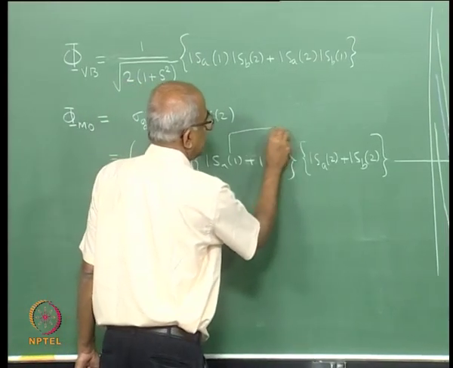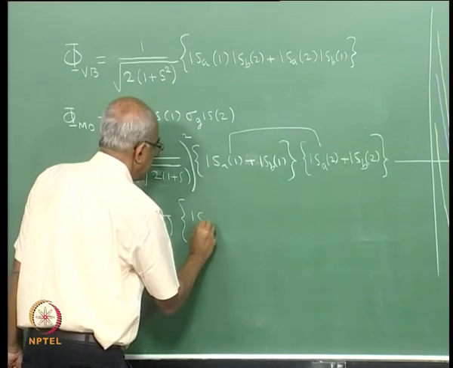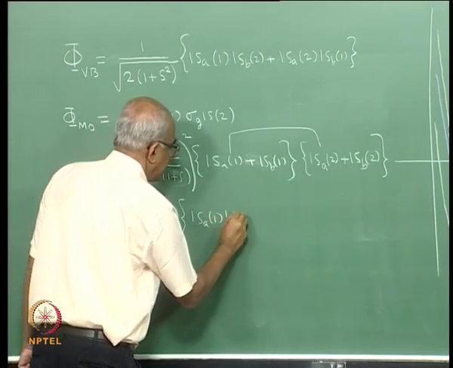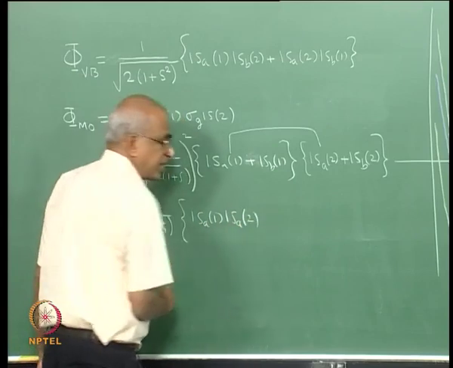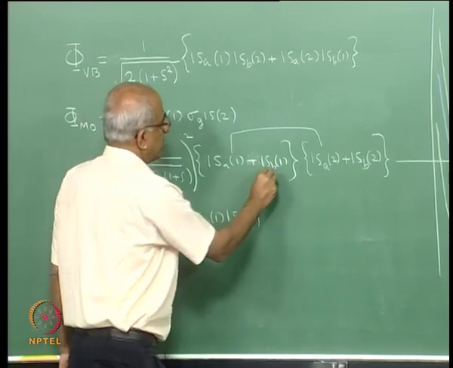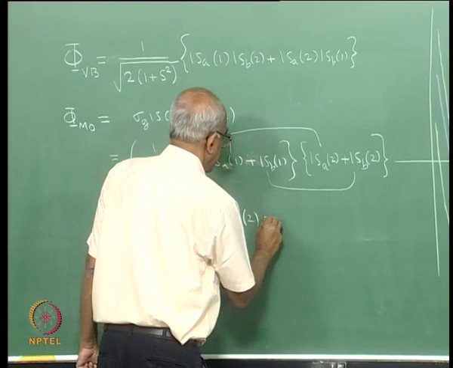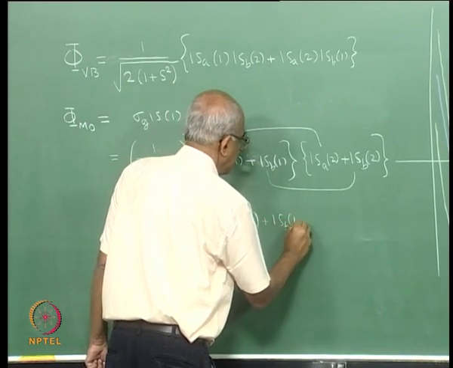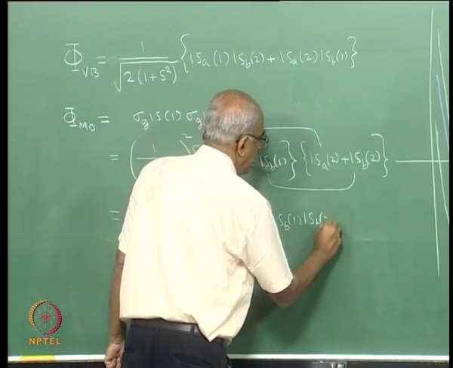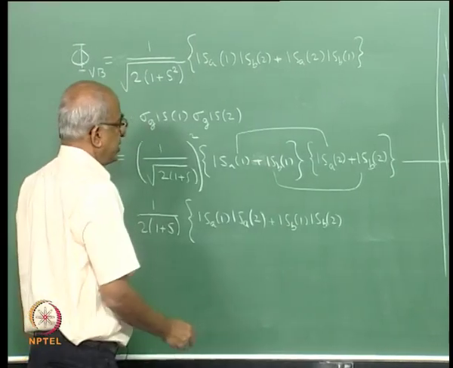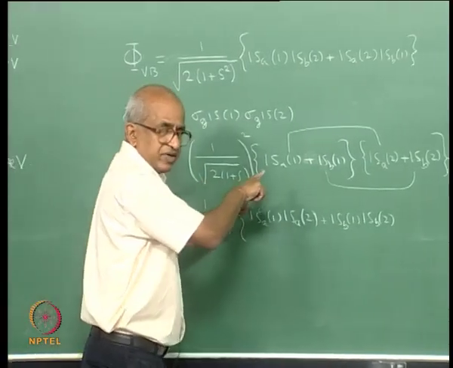I am going to multiply this with that, that is actually 1s A1, 1s A2, right, and then I will multiply this with that. So, this plus 1s B1, 1s B2, and then I will have what are referred to as cross terms.